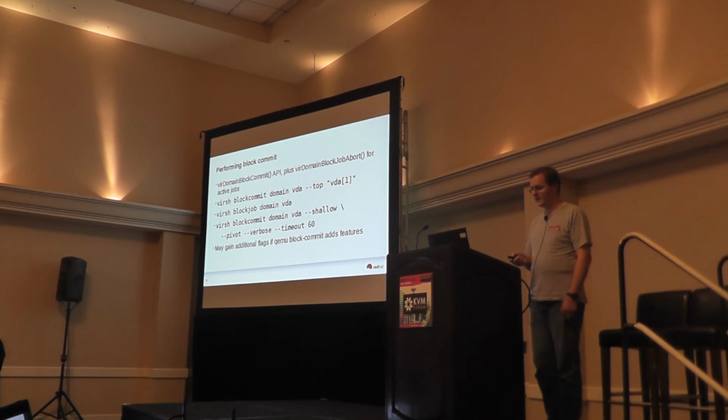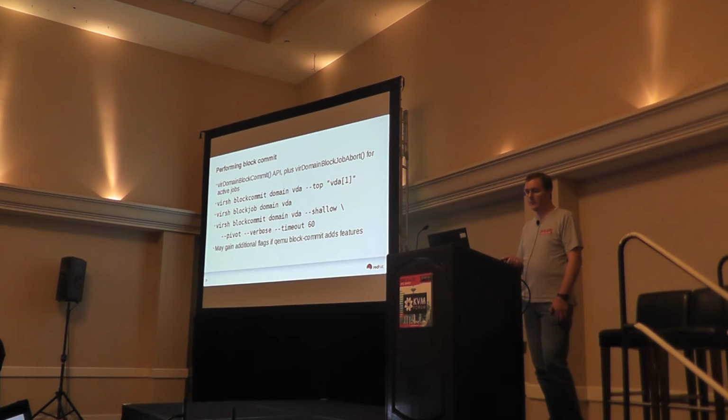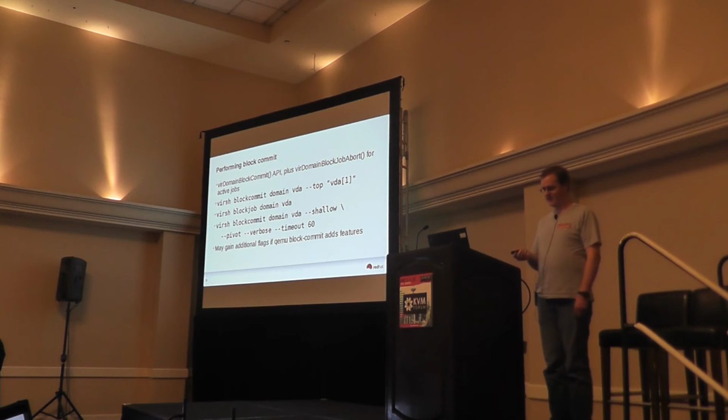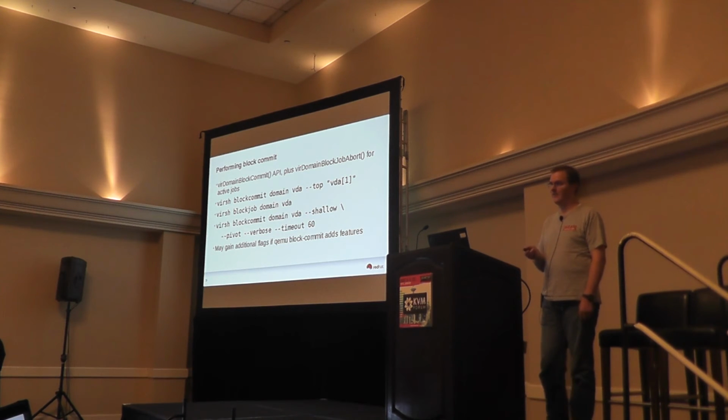Libvirt exposes that choice. If you pass the flags shallow, pivot, verbose, timeout 60, you get a nice command line progress meter of how far the commit's gotten. If it happens to finish within 60 seconds, you then pivot. If it hasn't finished, then you're no worse for the wear. Your guest is still running.